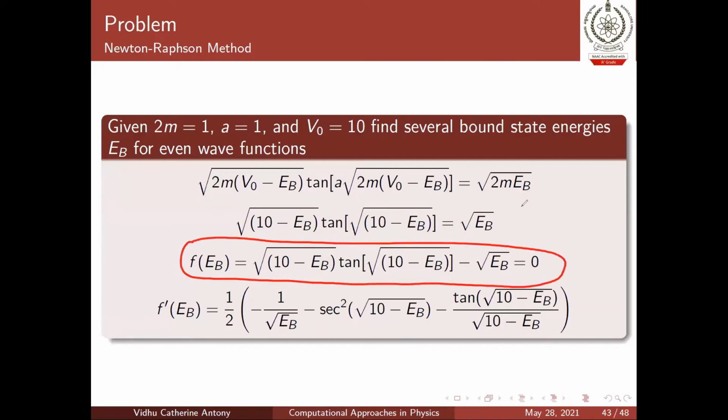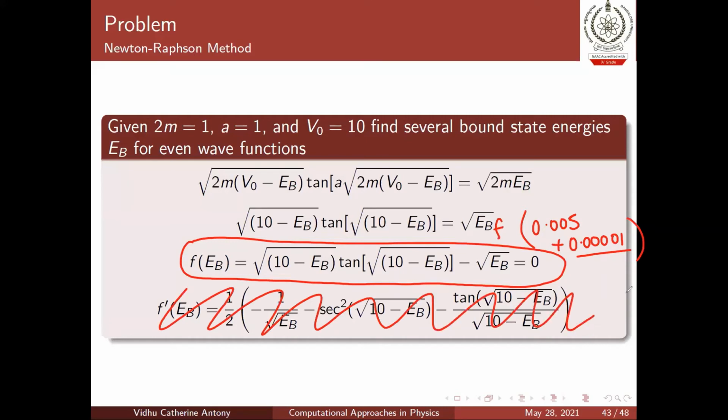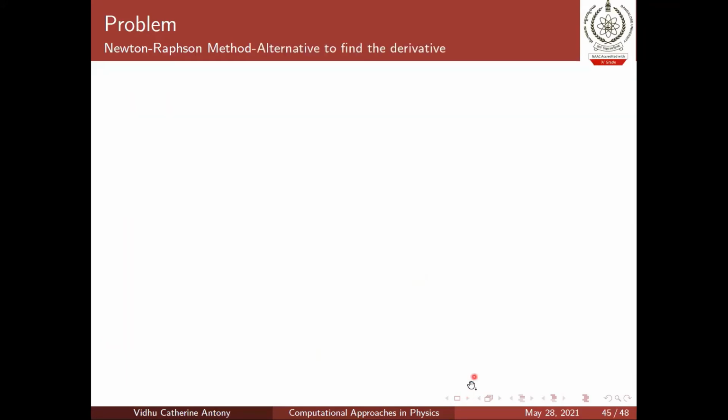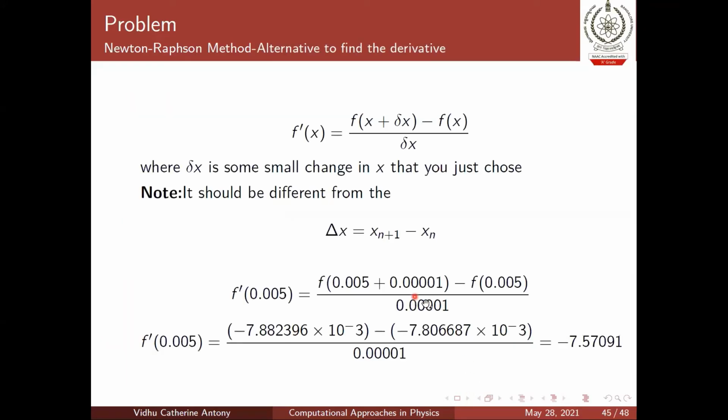You take that 0.005 or whatever plus 0.0001, and then you apply it to this function. So you have to calculate f of this. That means you don't require this guy, this guy is not required. You just have to use the basic definition and calculate the value.